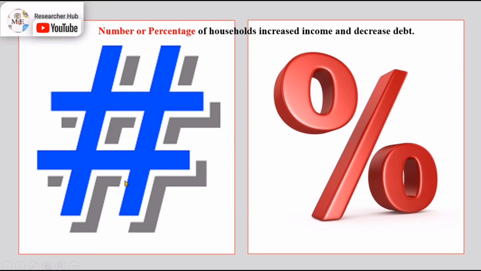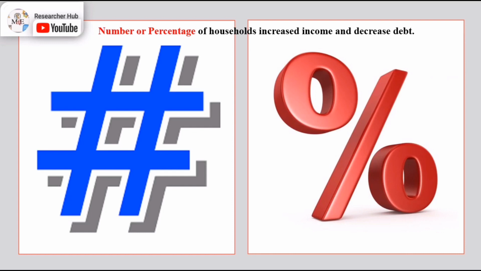A good indicator must distinguish that, or choose only one. If you would like to look at the number, just say number. If you would like to see the percentage, just say percentage. Don't say number or percentage. It is so confusing. I believe those who have experience looking at the logframe and the indicators might feel the same. That's too confusing.